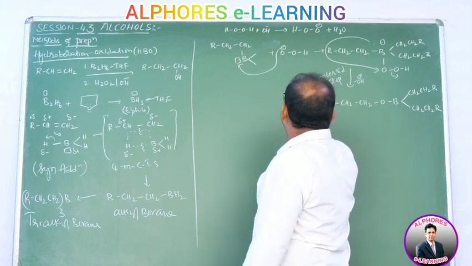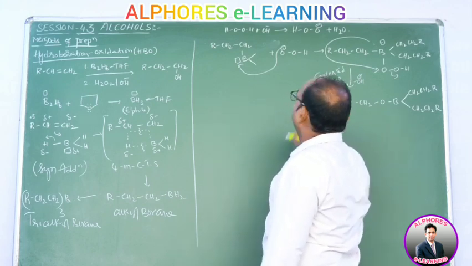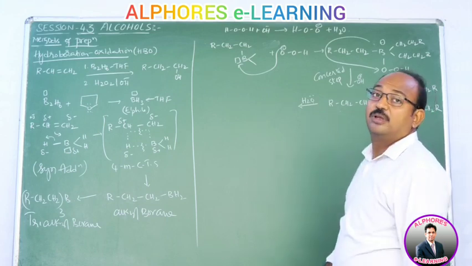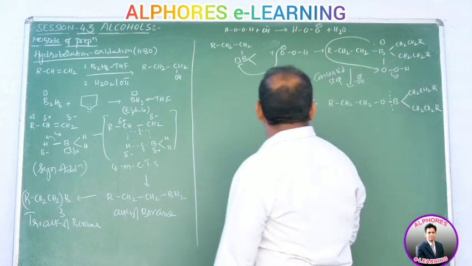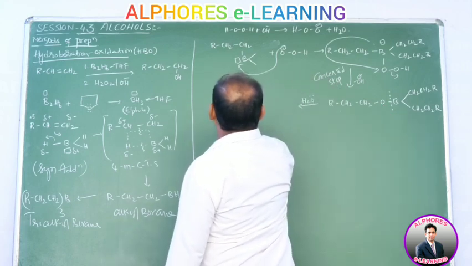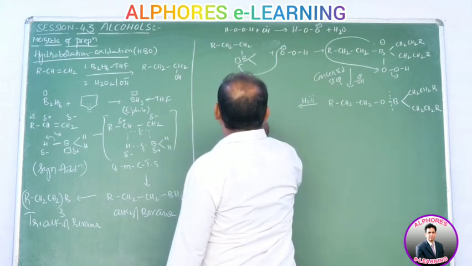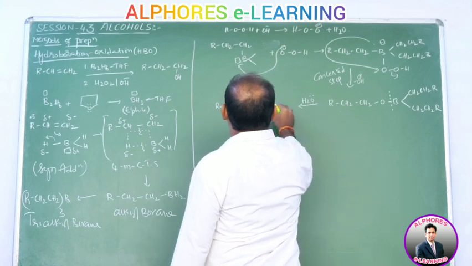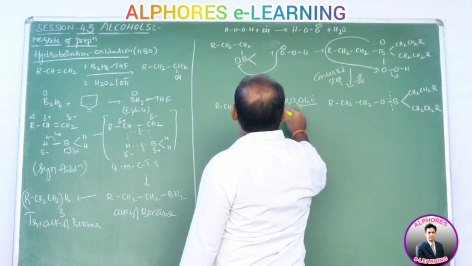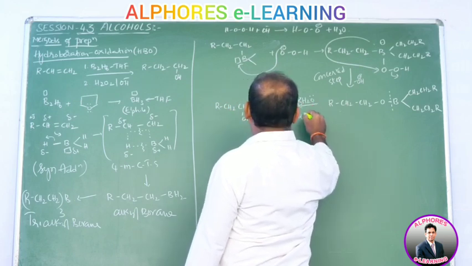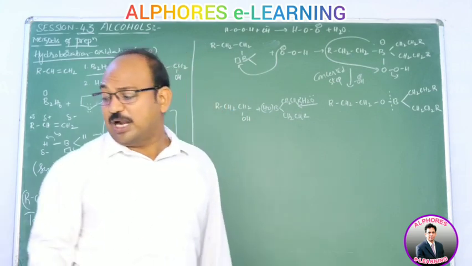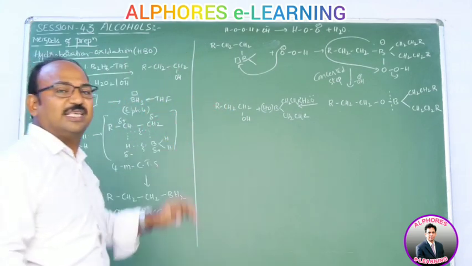Upon hydrolysis, this O-B bond is going to leave, and boron is going to get OH, and H plus attaches to oxygen: RCH2CH2OH plus OH boron, with two alkyl groups CH2CH2R and CH2CH2R. Of course, the two remaining alkyl groups also migrate in the same manner.